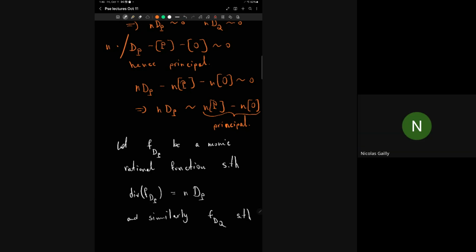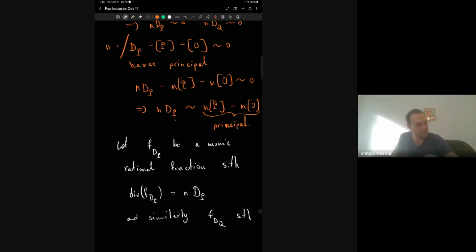Yeah, but n DP is principal, so it comes from a rational function, no? Okay, it's because n DP is equivalent to a principal divisor, which means it is principal. And similarly, F_DQ, such that the divisor of F_DQ is n DQ.